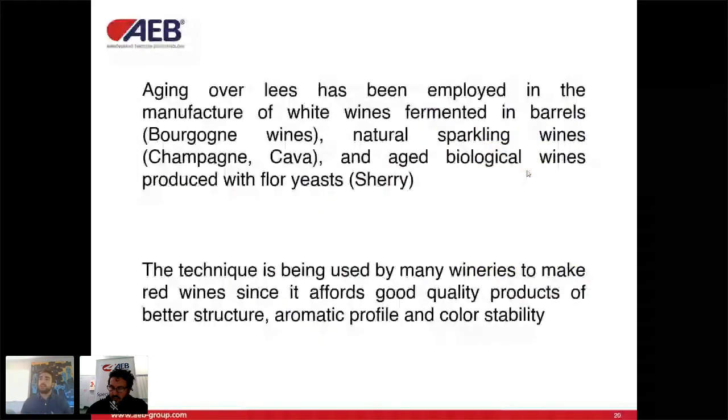This aging of the wine over the lees is not only used for white wines, but nowadays this technique has become more and more popular for red wines too, to increase the structure and the aromatic profile, and the use of mannoproteins also shows to help with color stability.